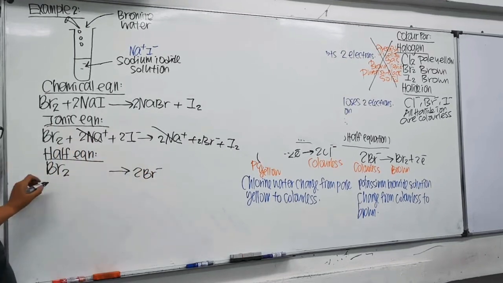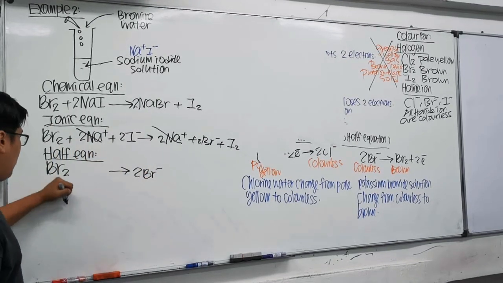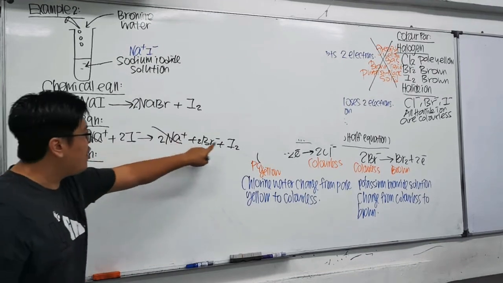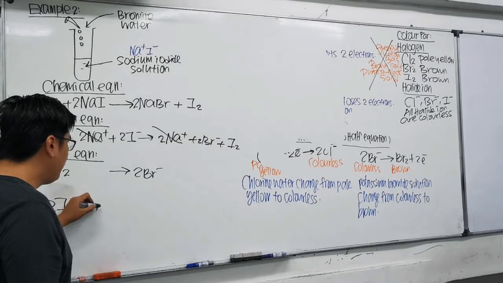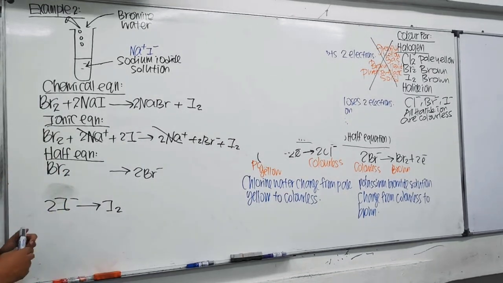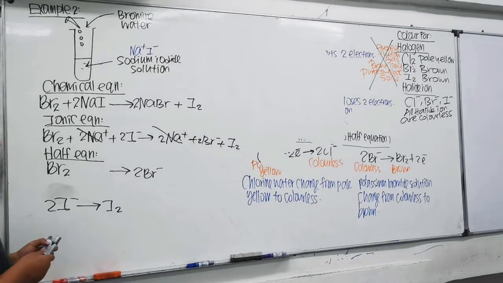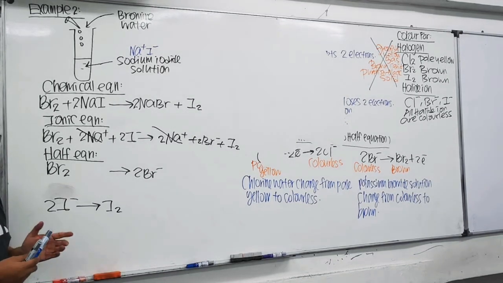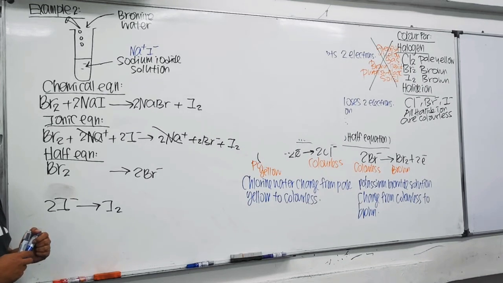Second one, iodide on the left. So iodide on the left hand side can go to pair up with iodine on the right. Okay, we are not done yet because half equation not only need the charge, you also need the electron. Please remember, the amount of electron you must figure out. The amount of electron is decided by total charge difference.